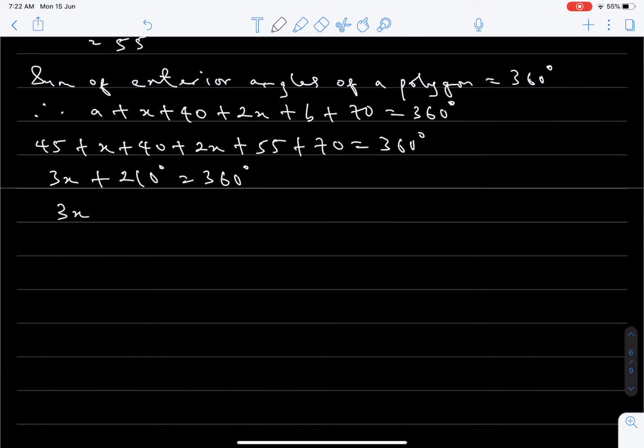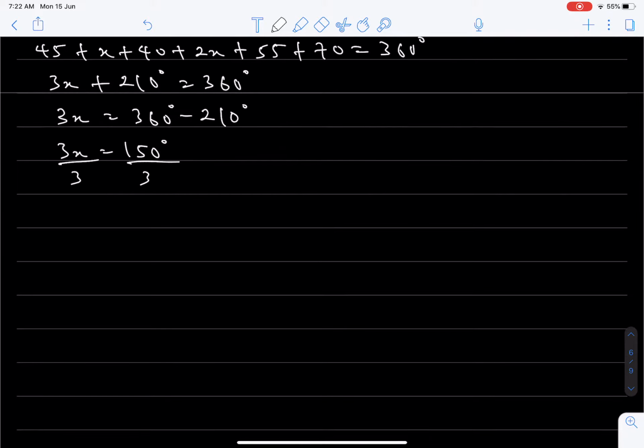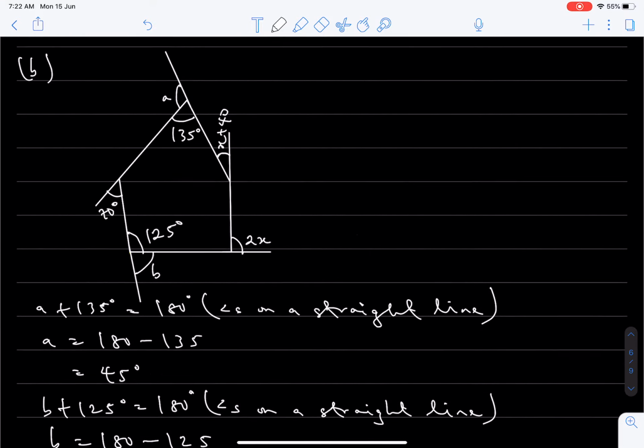And that means 3x equals 360 minus 210 degrees, which means 3x equals 150 degrees, and we divide both sides by 3. 3 into 150 is 50, and therefore x equals 50 degrees. So that's it, very simply.